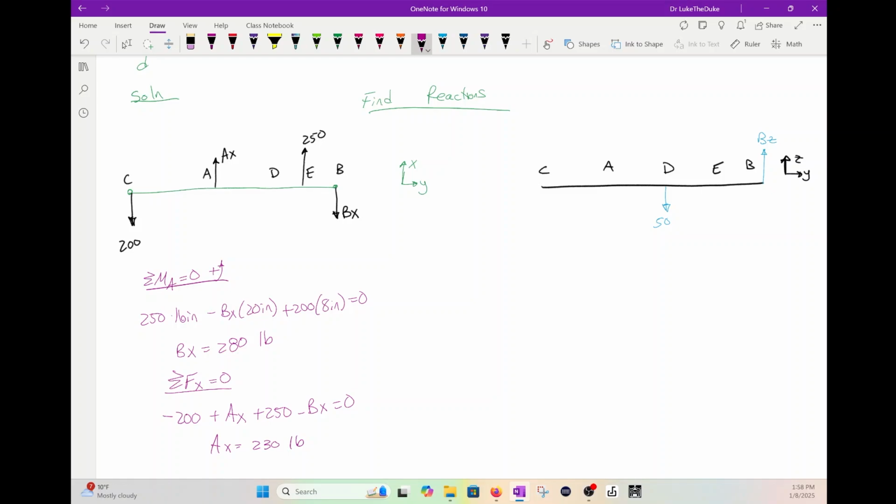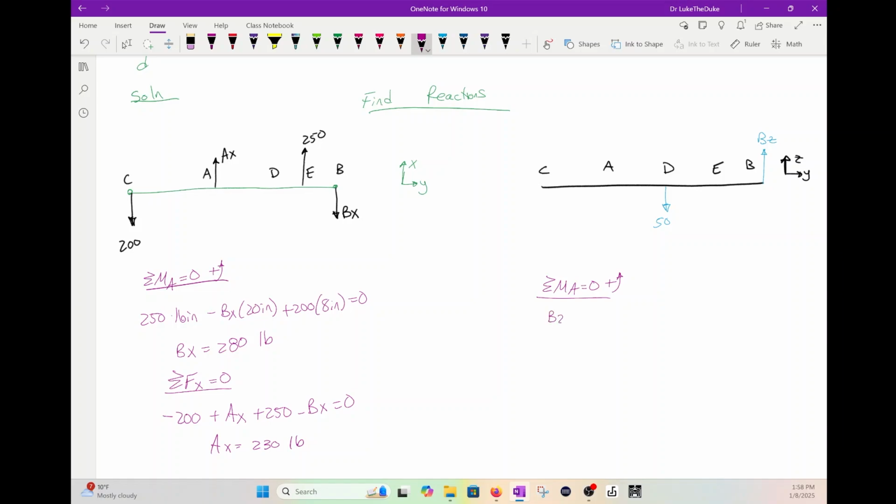And let me just fix my notes real quick. This is X and X. There. Okay. Over here, we are going to sum the moment again at A, set it equal to 0. This way is positive.